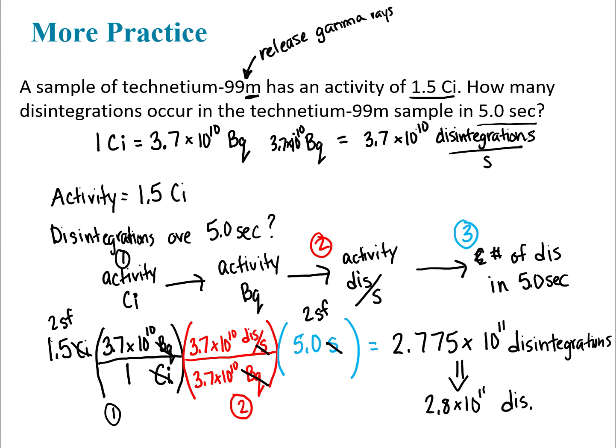Let me see if I understand your question. So what you're asking is, do we have to go through these steps in terms of converting activity to these different units before we can calculate the number of disintegrations? So you could have it be the opposite.